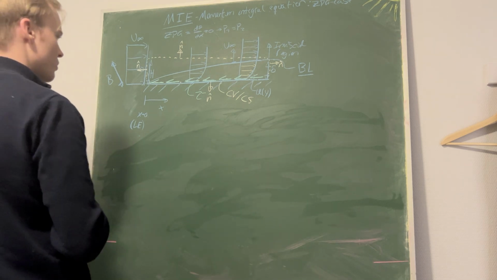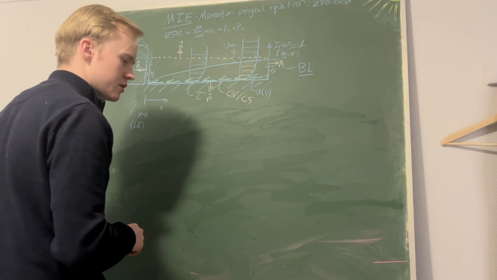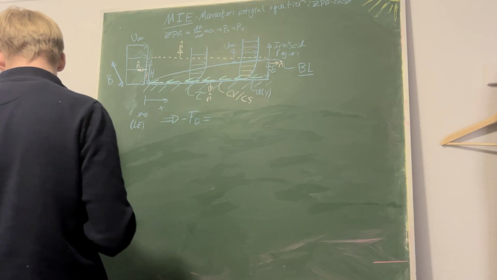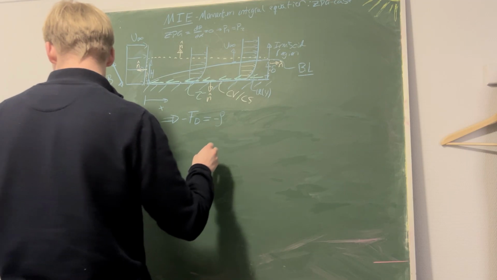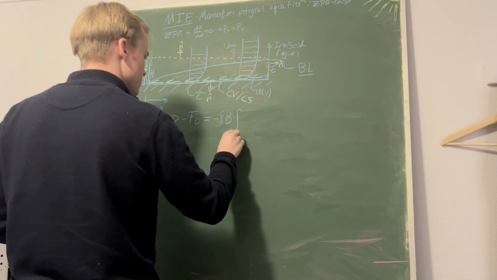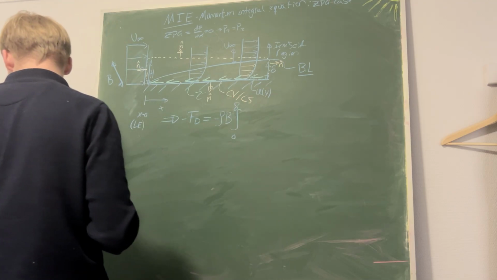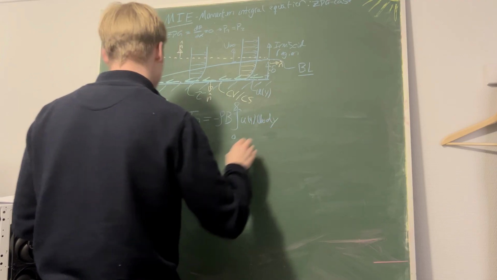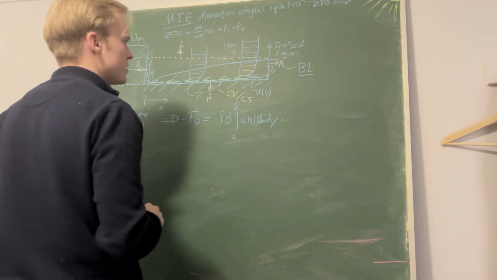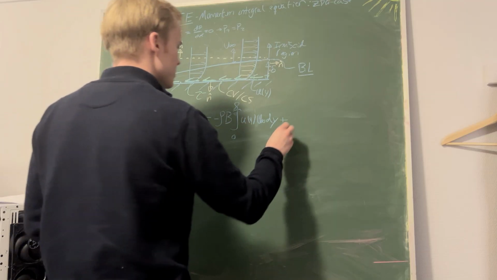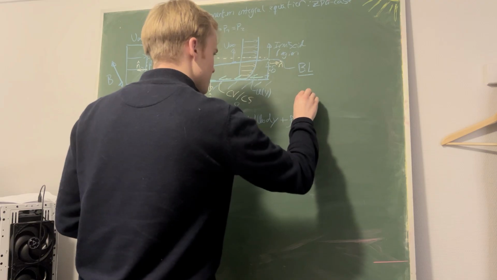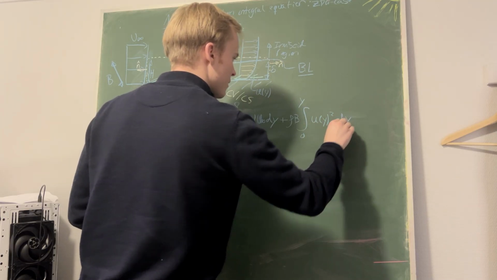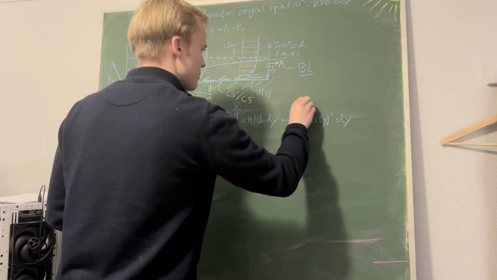If we substitute what we just got into our equation from the linear momentum equation, then we still have minus Fd, which is now equal to minus rho b, integral from 0 to delta of u infinity times u of y dy, plus our momentum flux from the outlet, which is going to be rho b, integral from 0 to delta of u of y squared dy. Sorry, I am making a lot of mistakes now.